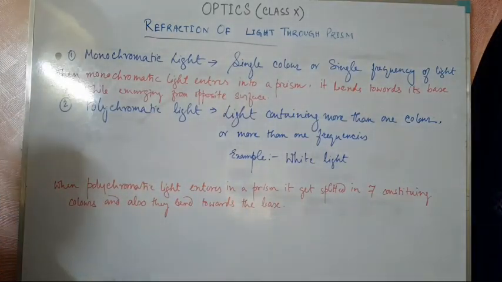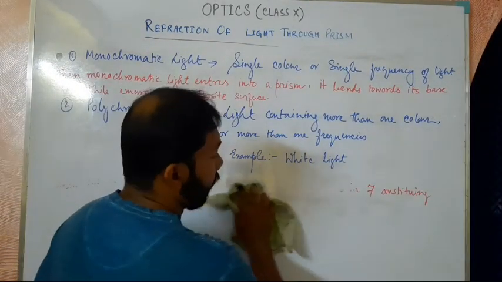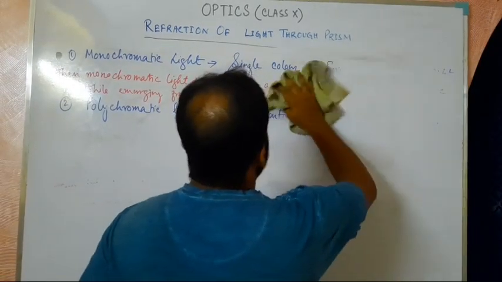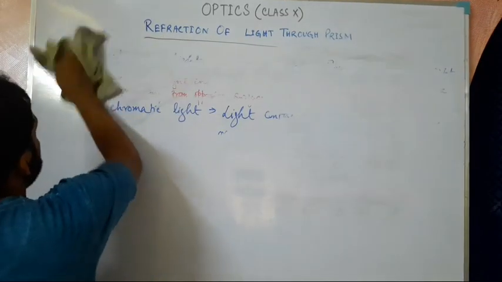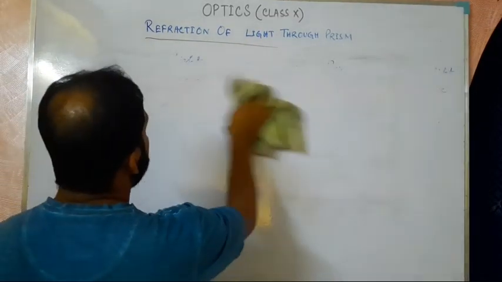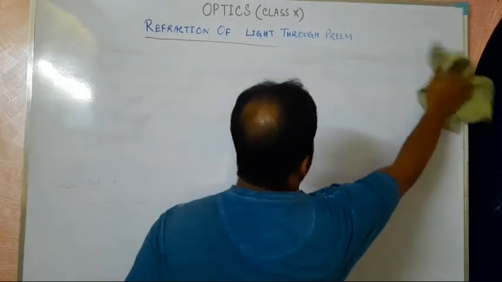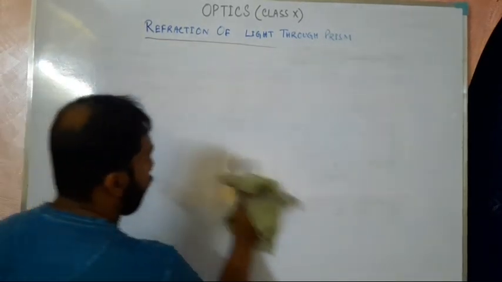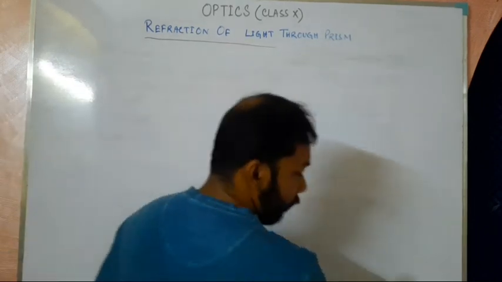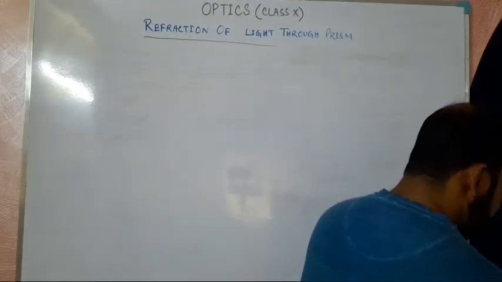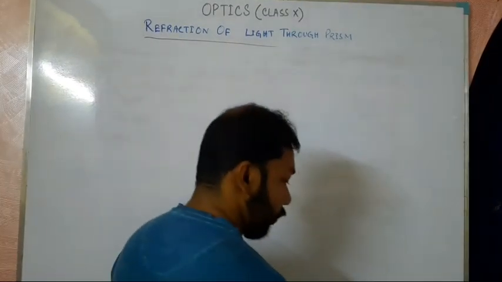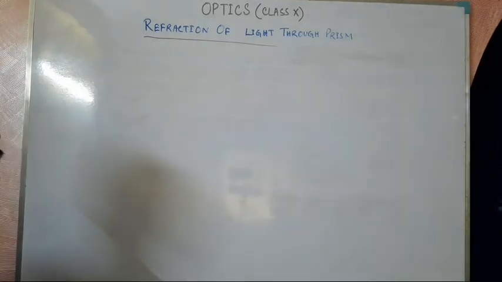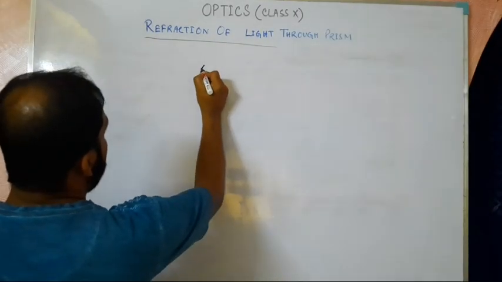So let's see how it happens and draw the diagram of that. In order to do that, we need to know different names of light rays which enter and emerge from the prism. So let us draw a schematical figure of a prism.